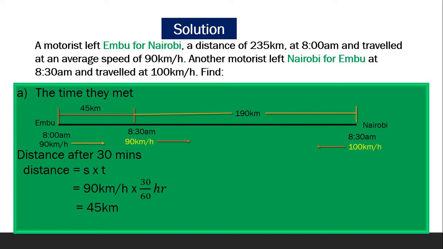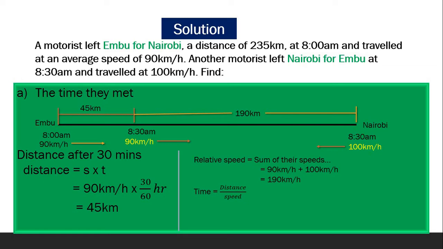That is when we are going to use the relative speed, at exactly 8:30 a.m. when the two vehicles are moving. Now their relative speed, because they're approaching each other, we add. That gives us 90 plus 100 kilometers per hour, which is 190 kilometers per hour.